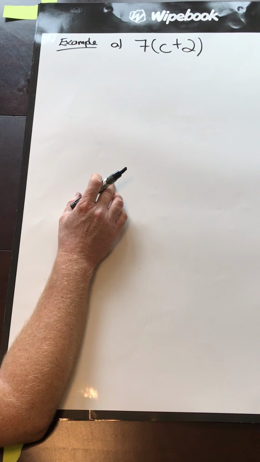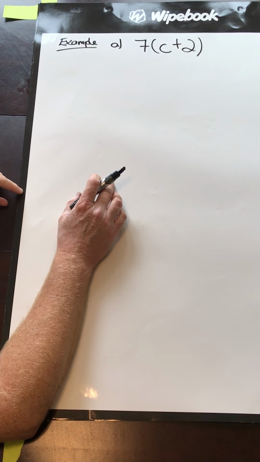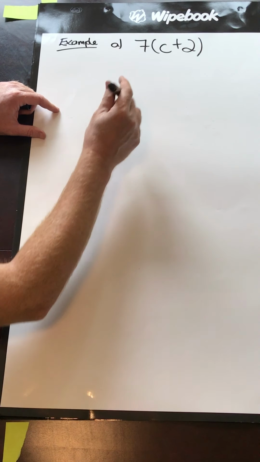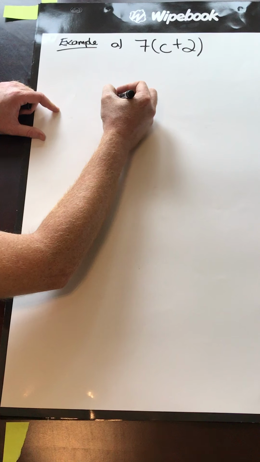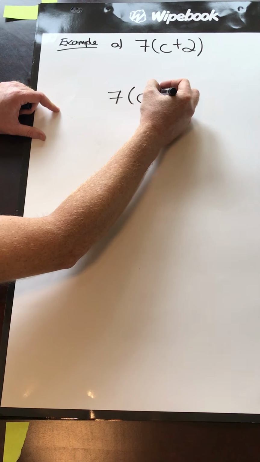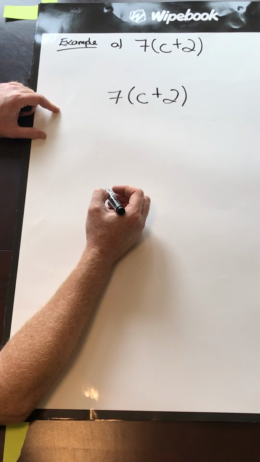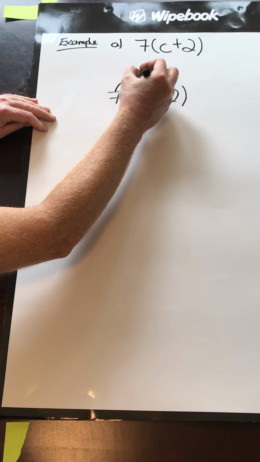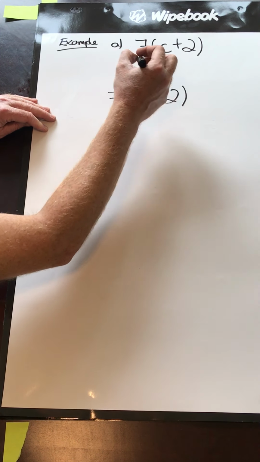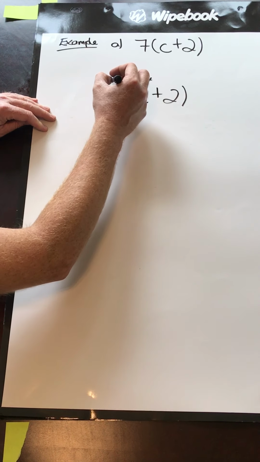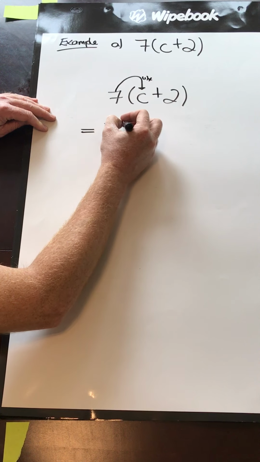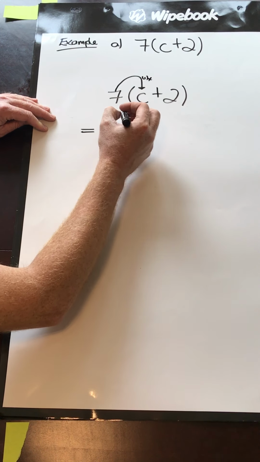But I know I can use the distributive property and expand the expression by multiplying into the brackets. So I can take this 7 bracket C plus 2 and I'm going to multiply into the bracket. So I'm going to take the 7 and multiply into the bracket to times the C. Okay, so the first one is going to be equals 7 times C.